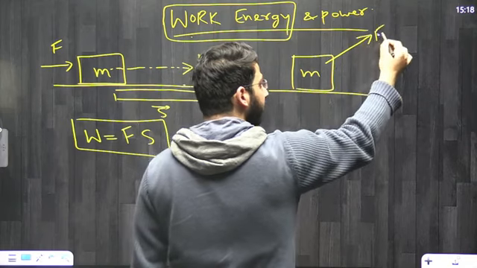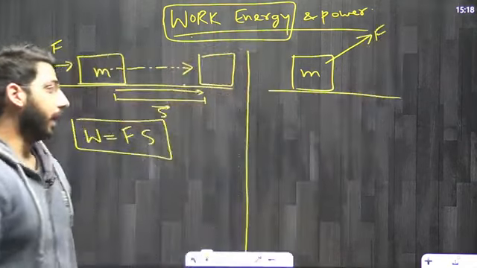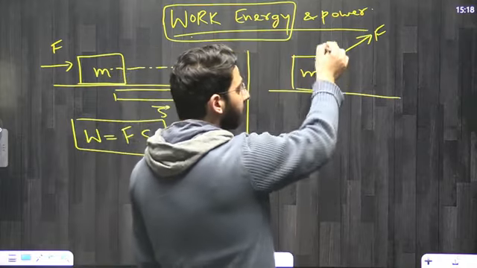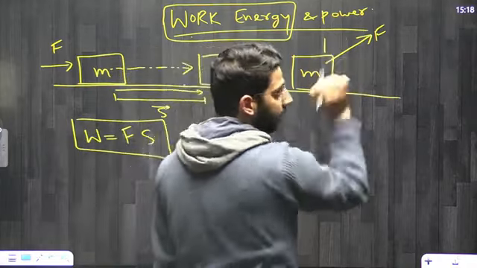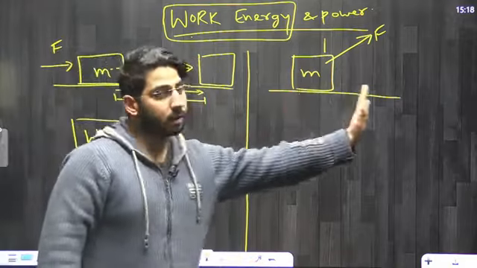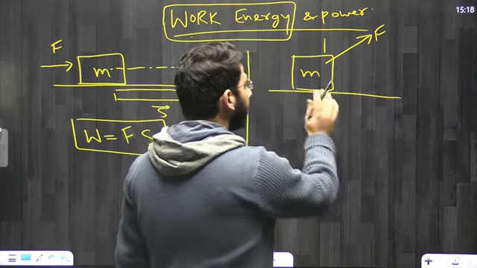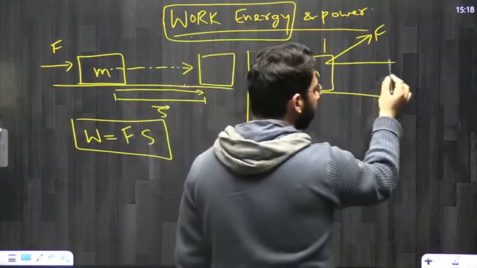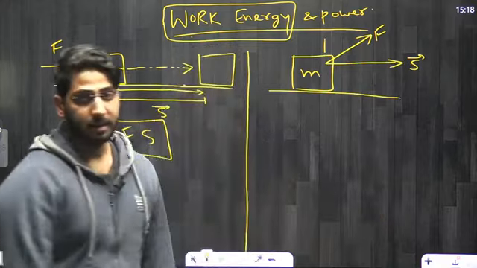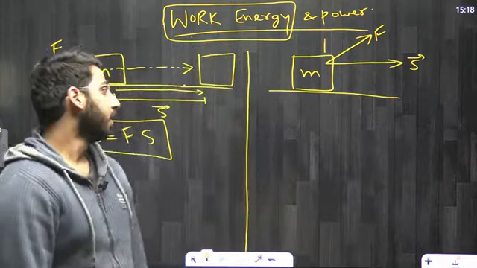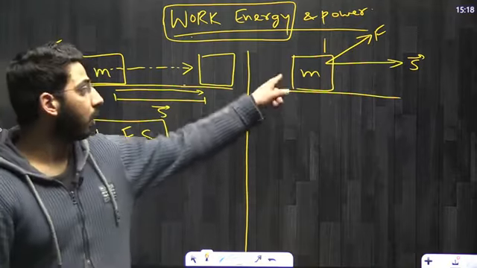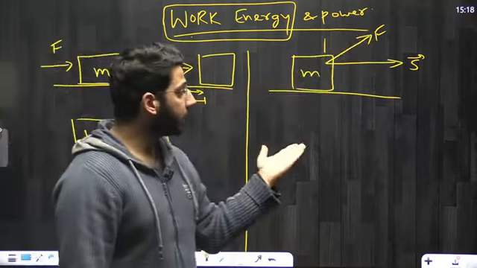Since this force F has two components, one like this and one like this, and for now we'll be considering the horizontal motion, suppose the mass gets displaced like this in the forward direction, and this displacement is S. Now, what will be the force and what will be the displacement?